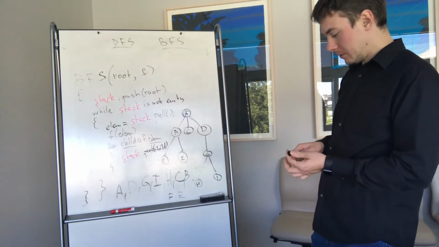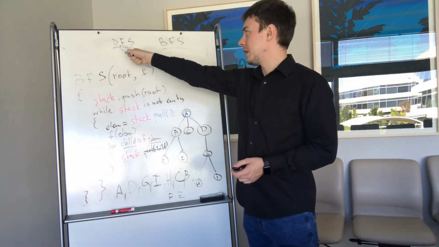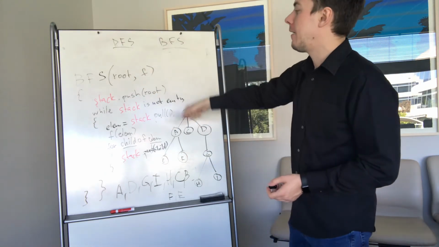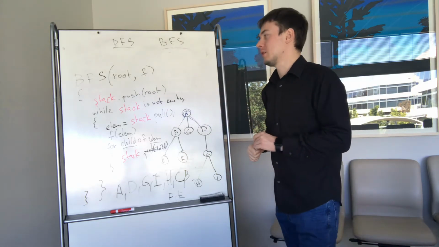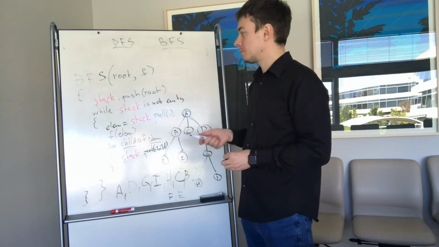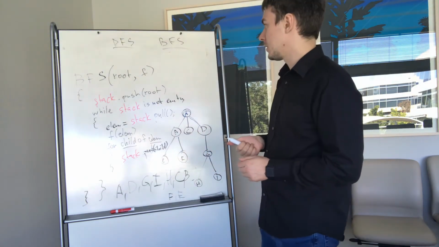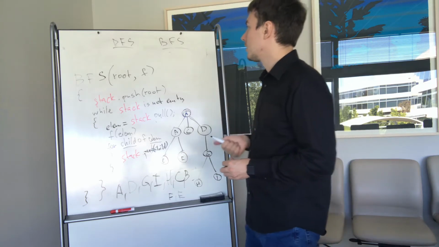So as you can see, these two implementations of depth first search and breadth first search are very similar, because the only difference between them is that we use different kinds of structures, stack and queue.